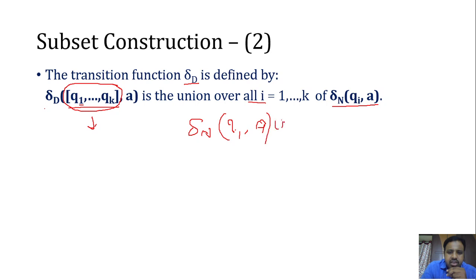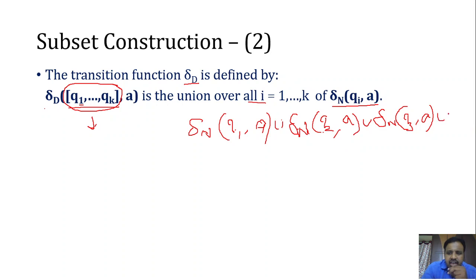Next, union delta n of Q2 comma a, union delta n of Q3 comma a. Like this we can write the transition function.